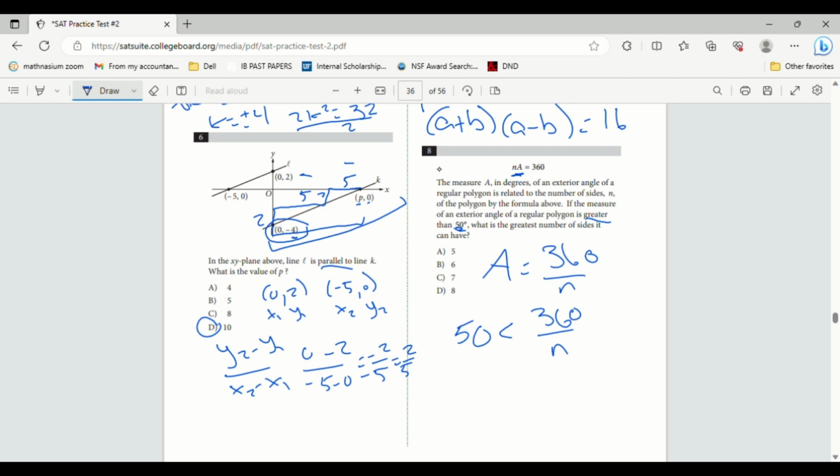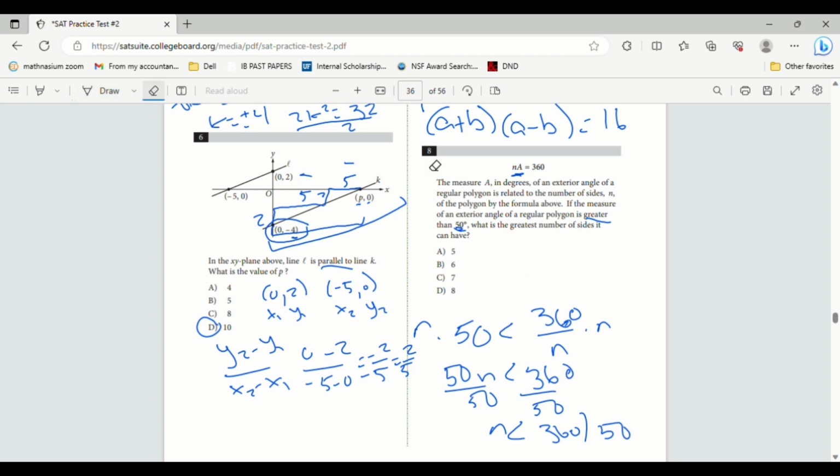And so now we can solve for n. So I'm going to multiply by n on both sides to get 50n is less than 360. Divide by 50 to get that n is less than 360 over 50. But now, what does this simplify to? I'm going to give myself a little bit more room up here.